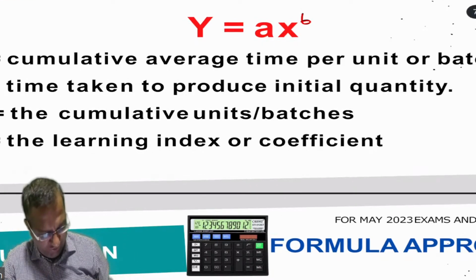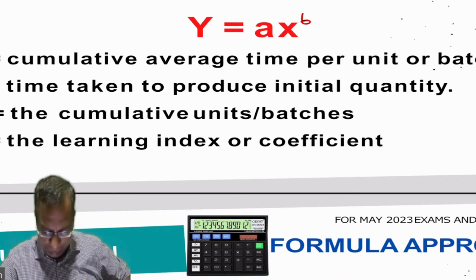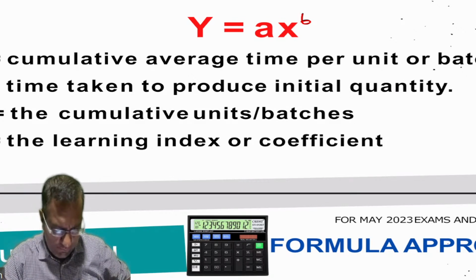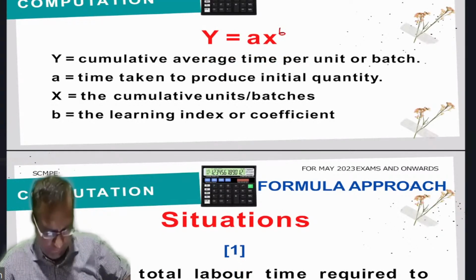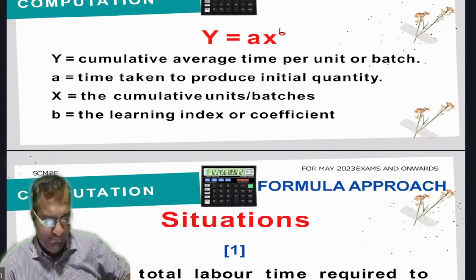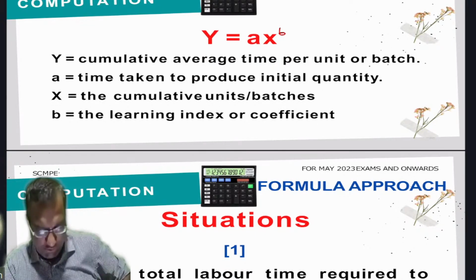Y is equal to, a is equal to, x is equal to, and b is equal to. And then we will start the discussion. Y is equal to cumulative average time taken per unit or batch.